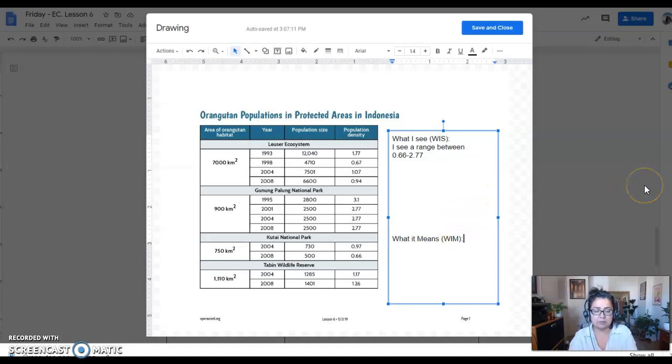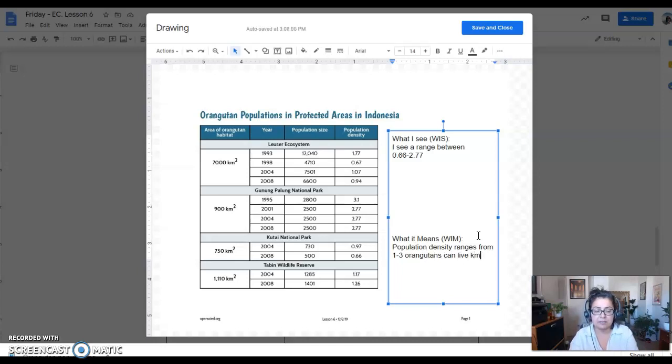So now I'm going to go to the bottom part where it says what it means, right here. And I'm going to explain what I think that means. Well, that means that the population density ranges from 0.66, if I round it up to a whole number, is going to be 1, all the way through 3 orangutans can live on square kilometers.